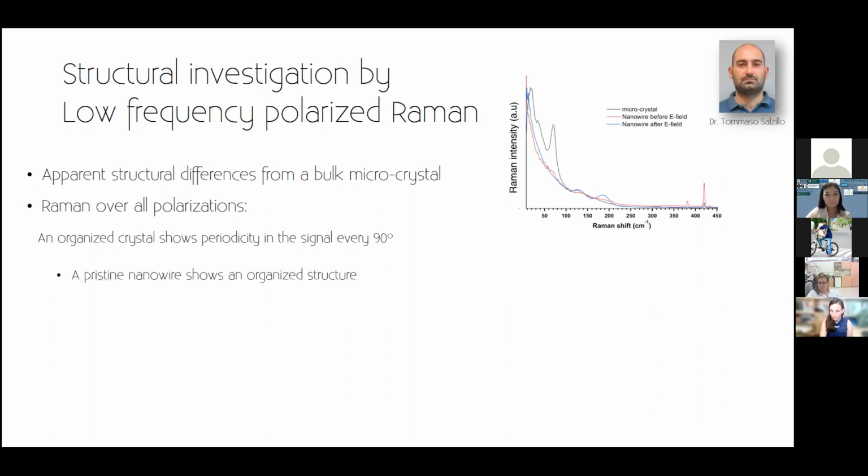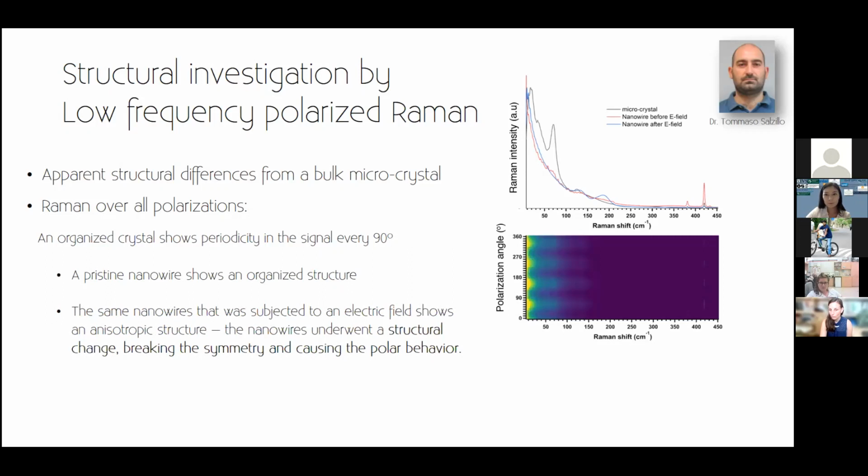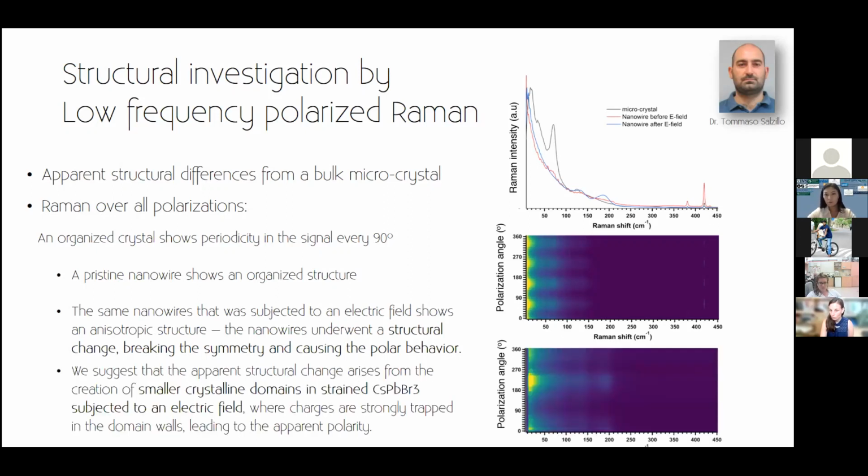So a pristine nanowire does have a difference in structure, but it shows an organized structure. You can see the periodicity every 90 degrees. But the same nanowire that was subjected to an electric field shows a complete breakdown of the structure, breaking the symmetry, which more resembles some kind of polycrystalline material.